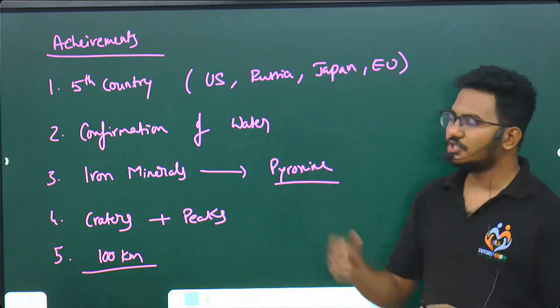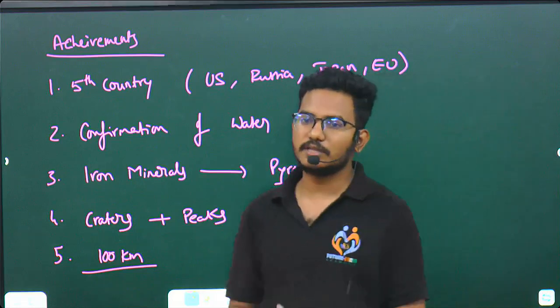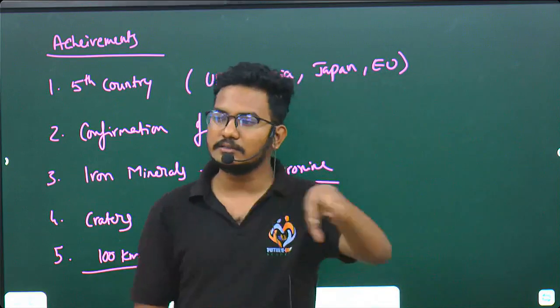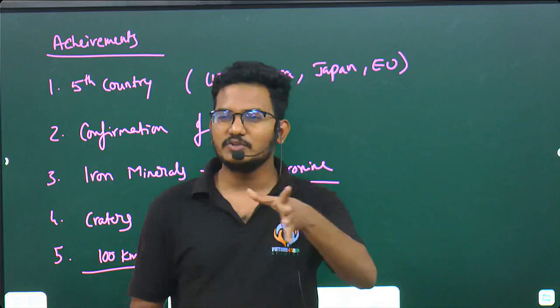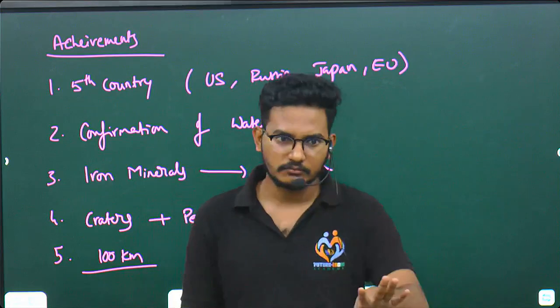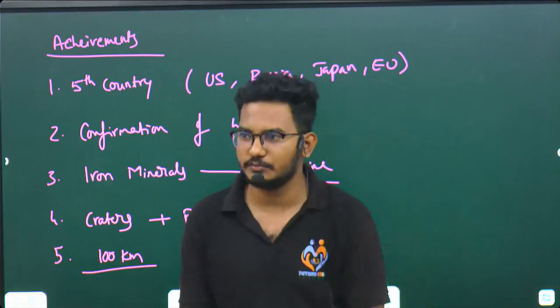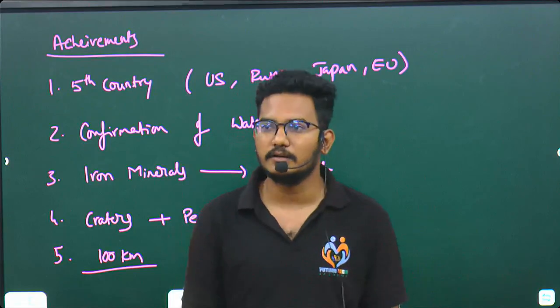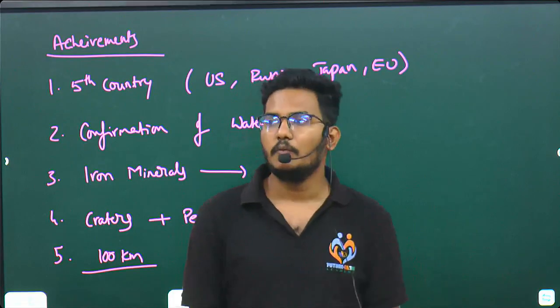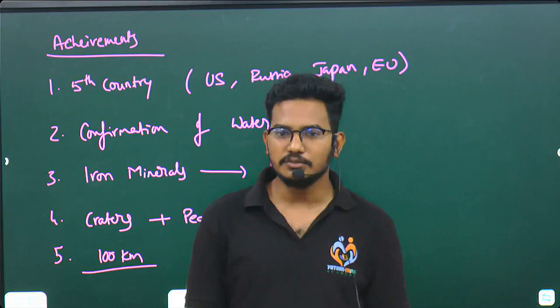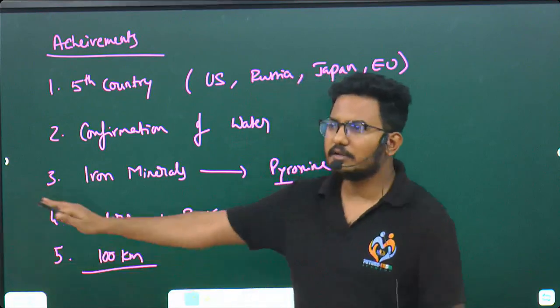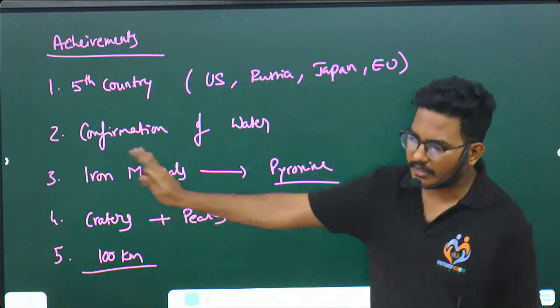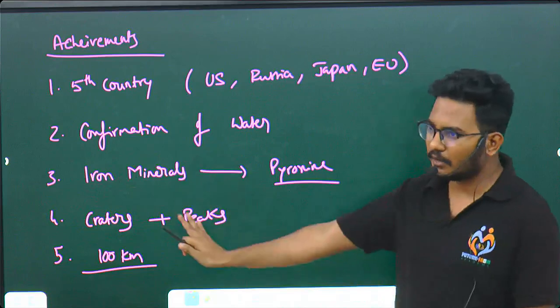And then the second achievement is, before that people used to think about whether there is water on the moon surface or not. They were in a chaos mode. They knew water is there for sure, but no confirmation of water. So this Chandrayaan 1 has confirmed that there are water molecules on the moon surface. And minerals also it has found out. Iron minerals, particular type is pyroxene.